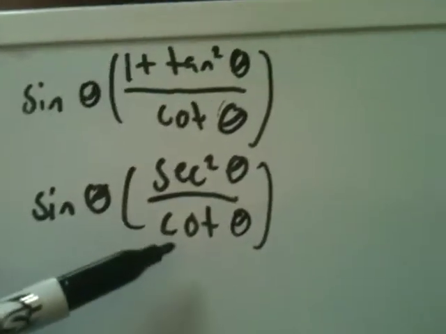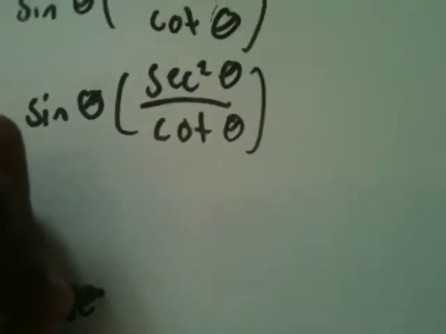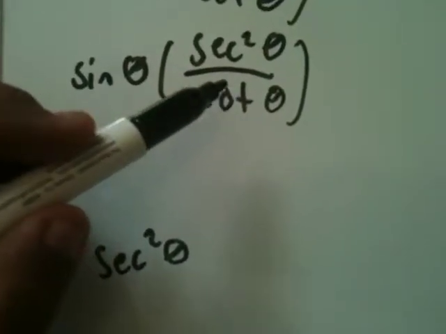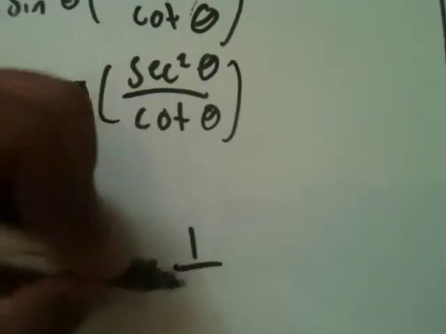And this is a division problem. So you can look at this as the secant squared of theta divided by the cotangent, but that's just basically times 1 over the cotangent.